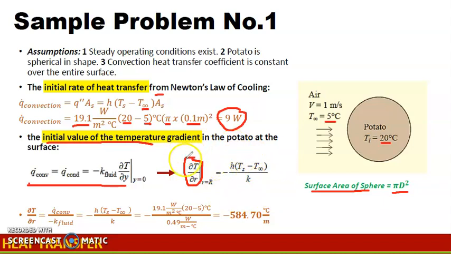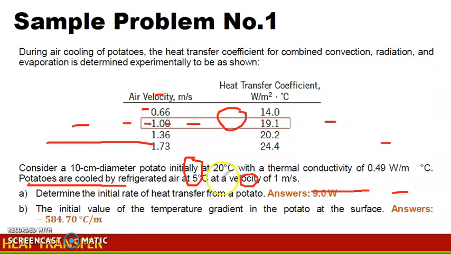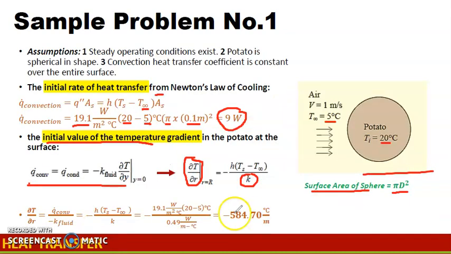So our delta T over delta y is just equal to h times Ts minus T infinity over k. We also have the value for k, which is already given. Looking at the given, the thermal conductivity of the potato is 0.49 watts per meter degrees Celsius.